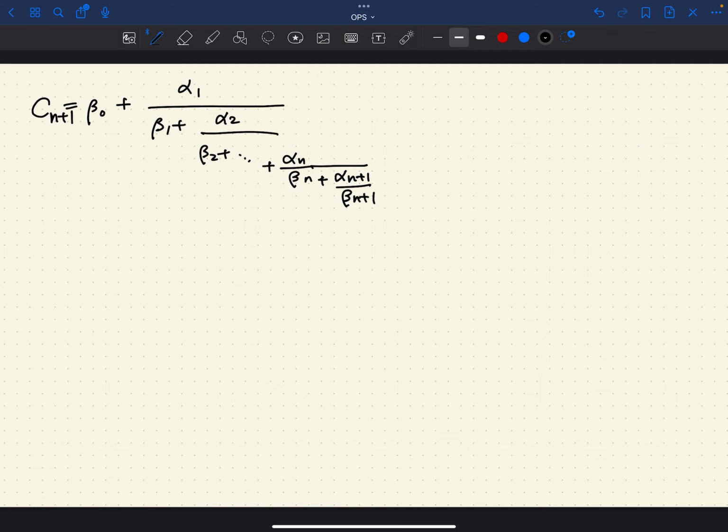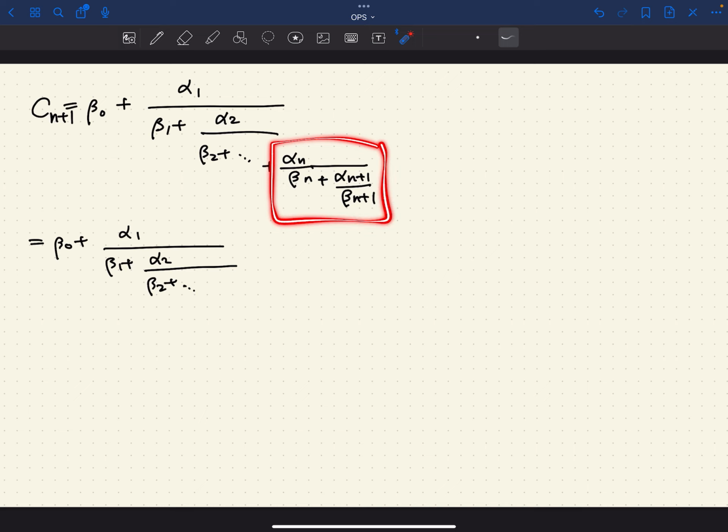I'm gonna rewrite this by multiplying beta both numerator and denominator.